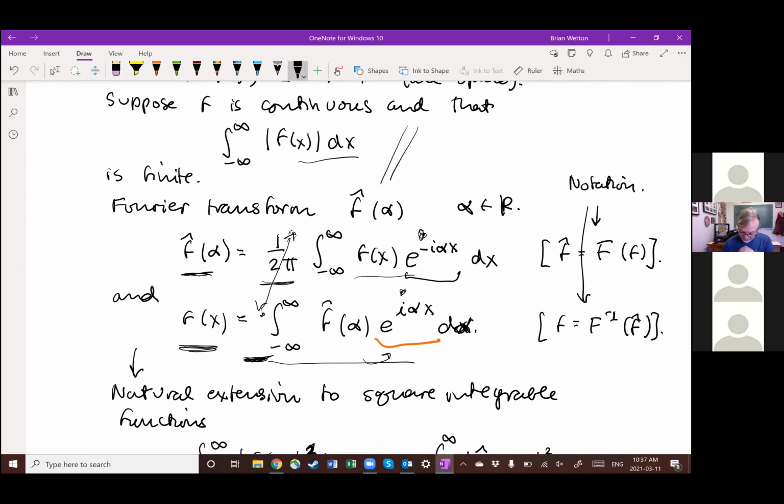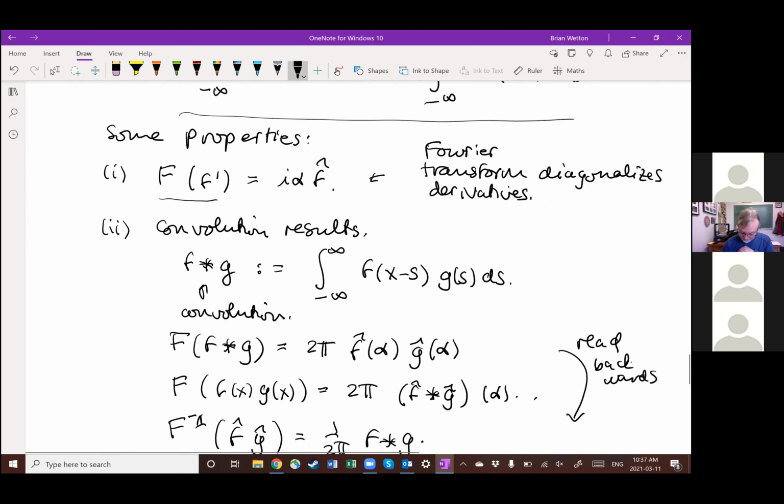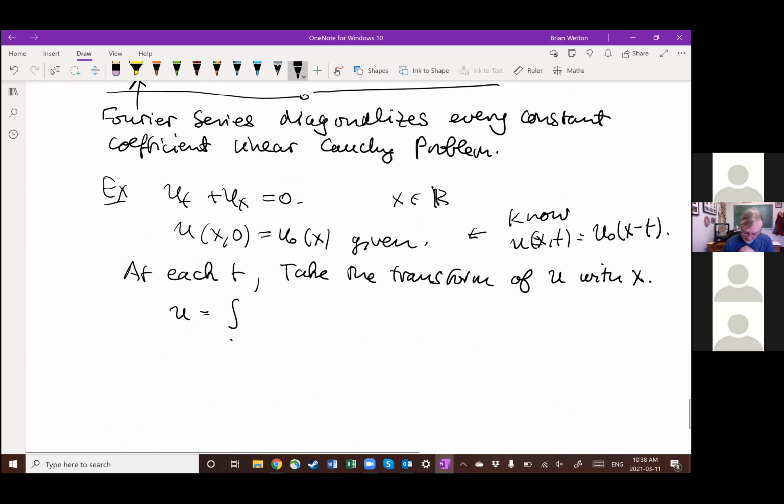Oh, here it is, no factor of 2 pi. I'm going to have u hat of alpha and t, because I had x and t before.